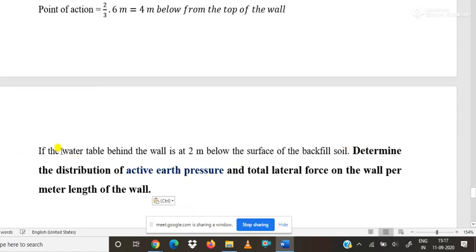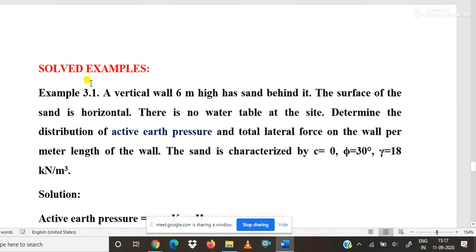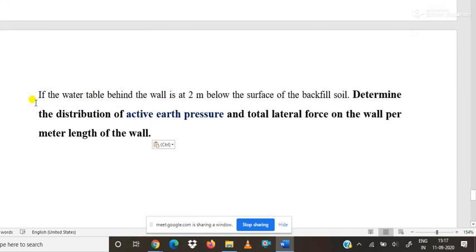For the previous example, the other data are the same, but there is one additional data, which is the condition of water content.